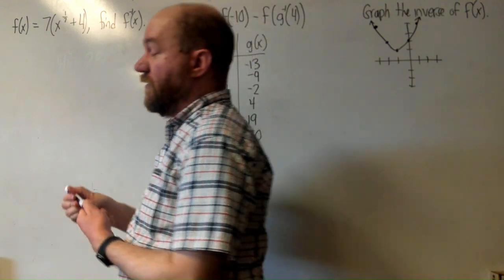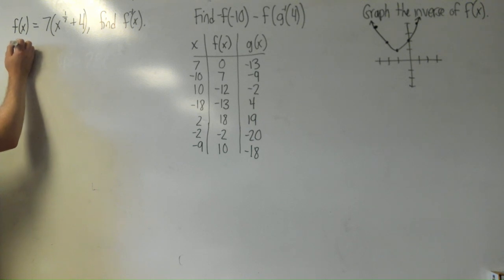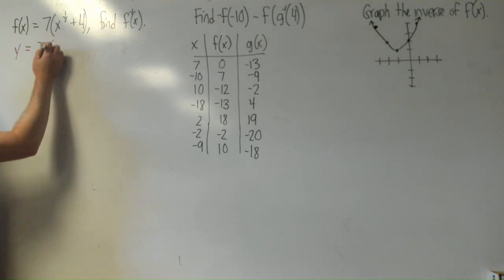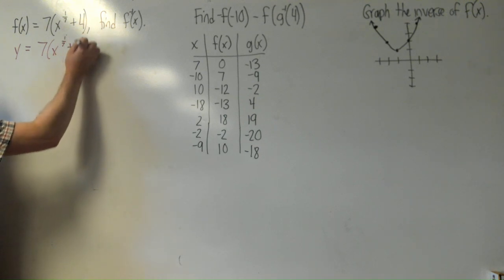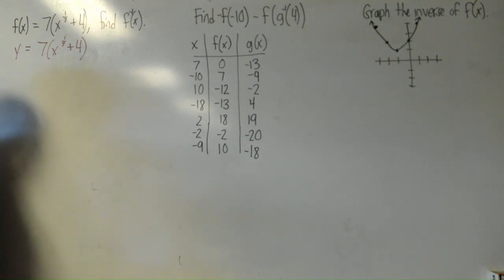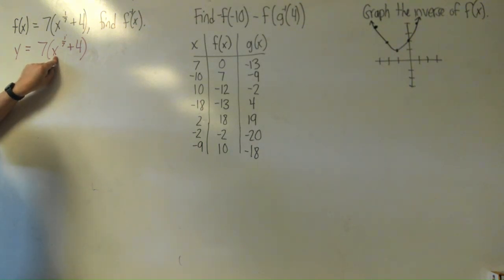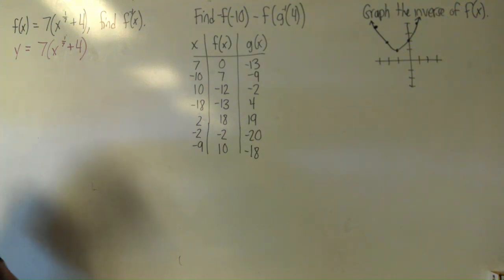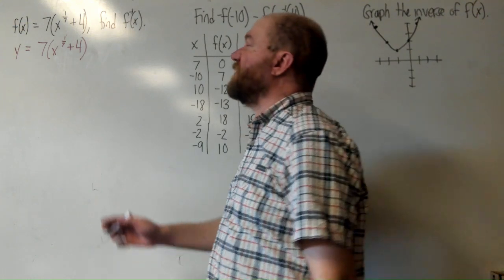So first thing we're going to do is rewrite this. F of x is another way to say y. So let's write that out. All right. Now, we're going to make a list of everything that's happening to x using the order of operations in the order it would happen. That's going to be helpful for us in a sec.